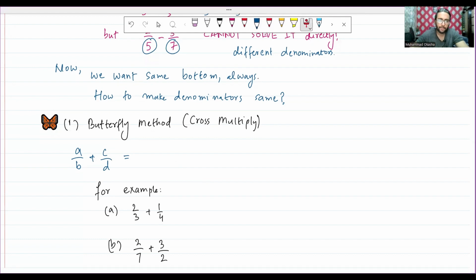For example, if you get two fractions, a over b minus c over d, what you could do is cross multiply this with this guy, and then multiply the bottoms. This is what the structure looks like.